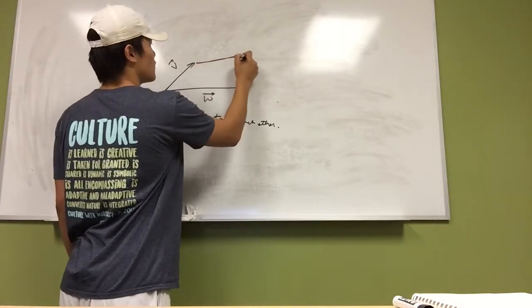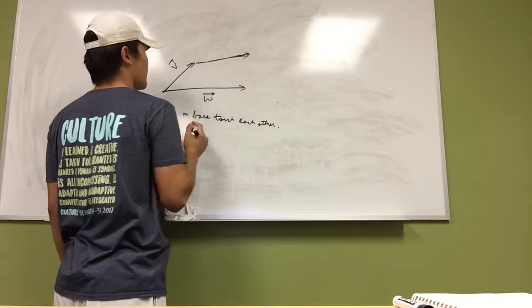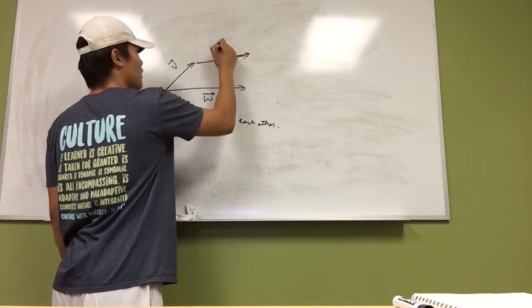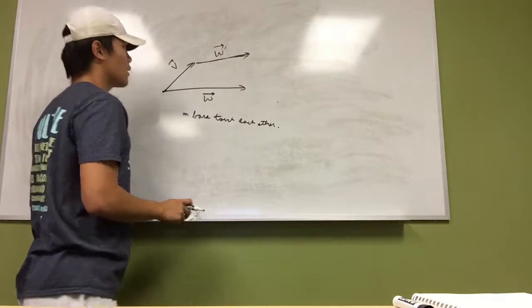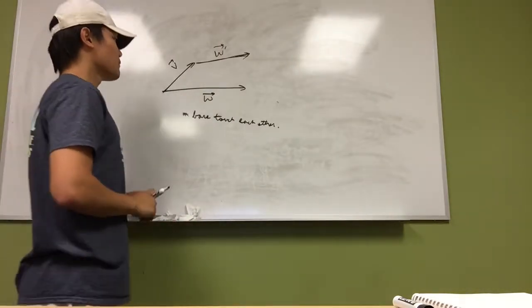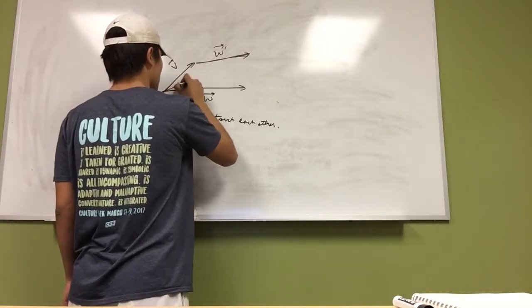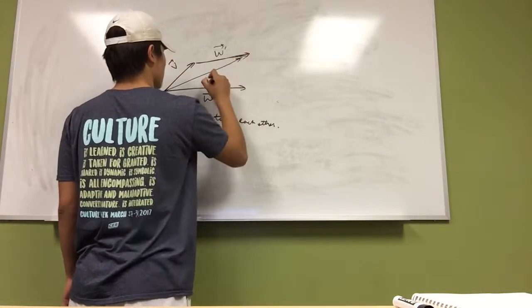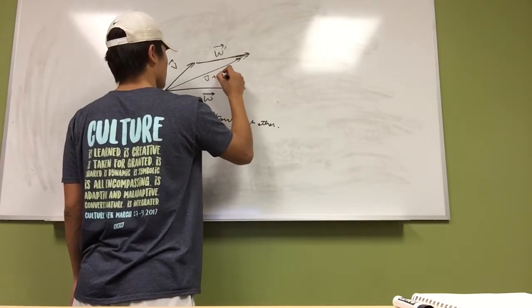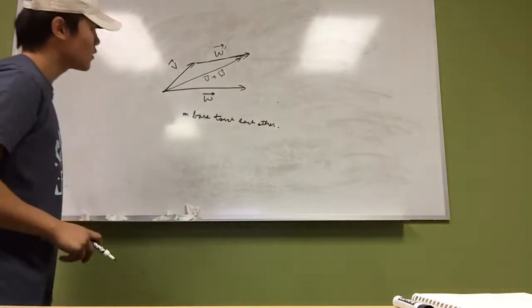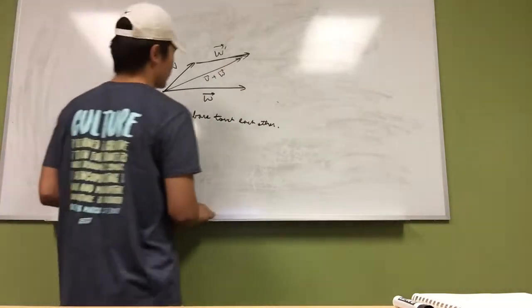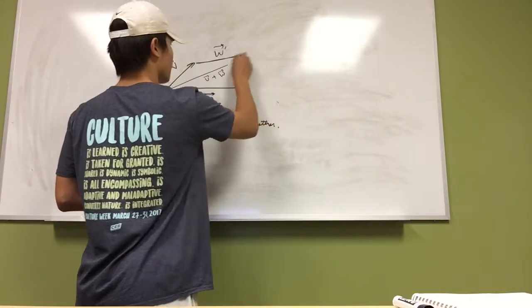I hope this is a little more parallel. And there we go. Then we're going to call it w apostrophe, like that. Basically this would be the addition, vector v plus vector w.